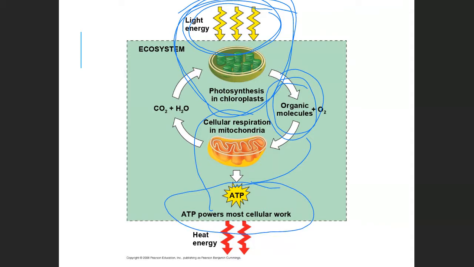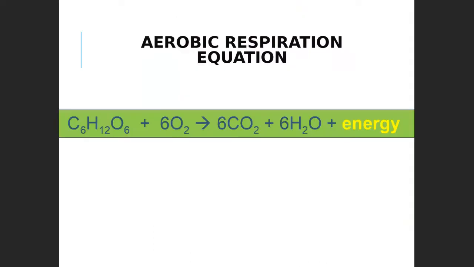And this cellular respiration happens in an organelle in the cells that we call mitochondria. So this is the global reaction for cellular respiration. We put in parentheses that it's an aerobic respiration because it uses oxygen as a reactant.